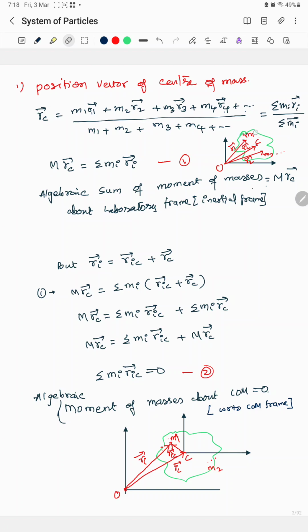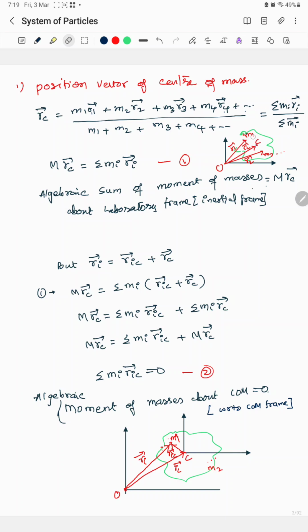Now here the system contains n number of particles. Let m1, m2, m3 and so on be the n particles the system contains, and their respective position vectors are r1 bar, r2 bar and so on with respect to this laboratory frame of reference.